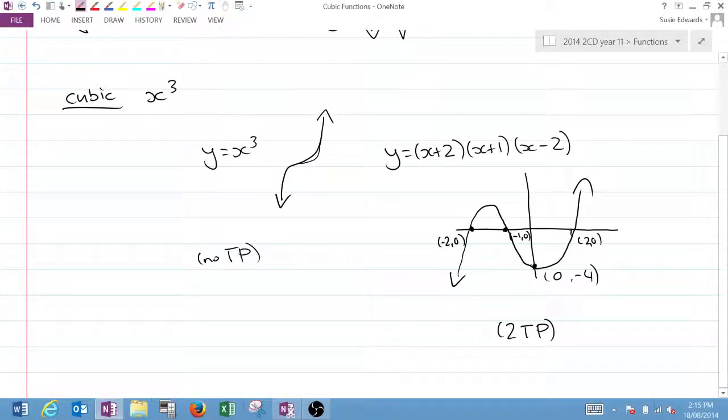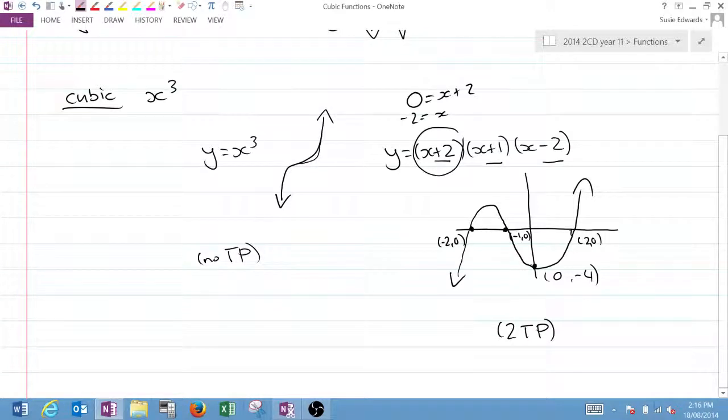Because we're finding the x-intercepts and they're all in factor form, they're all being multiplied by each other. If we make each of these sets of brackets equal 0, 0 equals x plus 2, x equals -2. Can you remember this from quadratics? We can find the roots by looking at the opposite number inside the brackets. So you might notice our roots are -2, -1, +2. And that's where that line is going through.